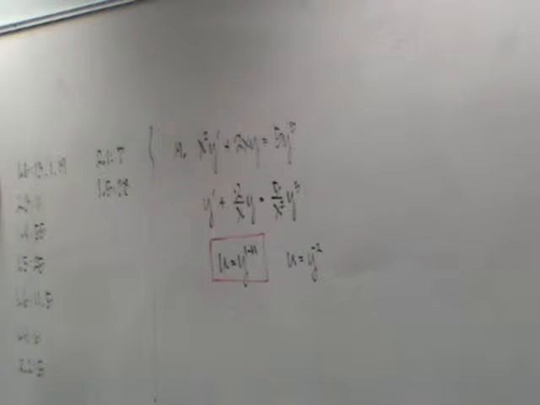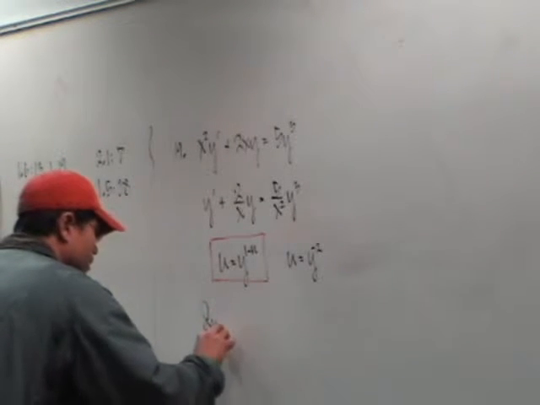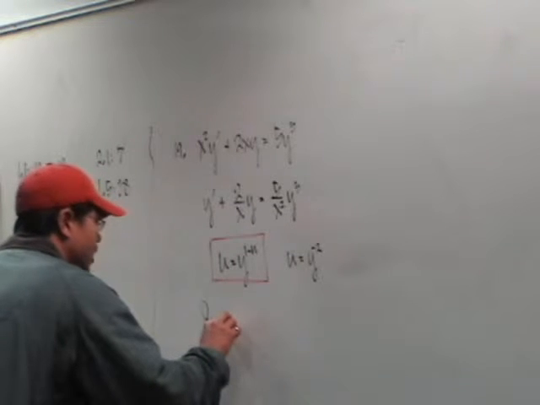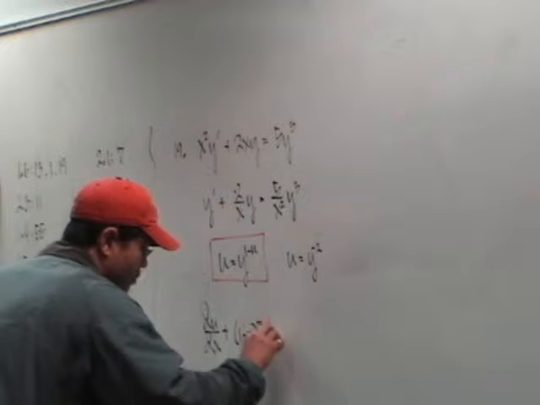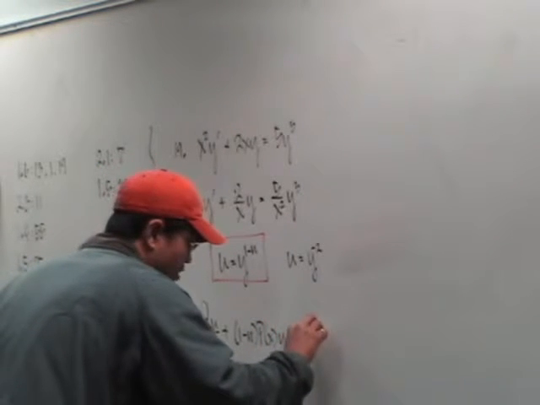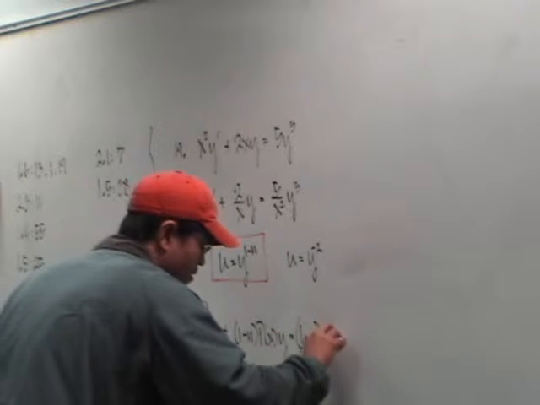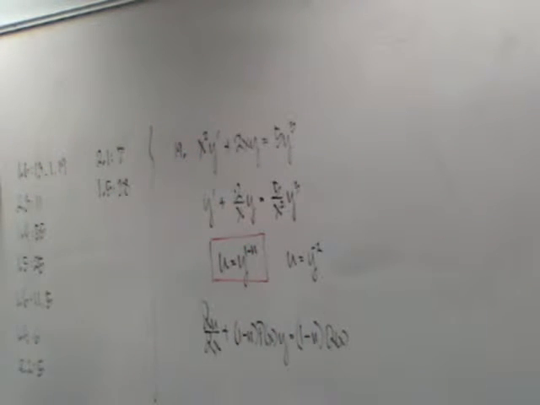Everybody agree? Now when you make that substitution, this changes into a linear equation. You guys recall the linear equation that this changes to? This changes to du/dx plus (1 minus n) p of x y equal to (1 minus n) q of x.